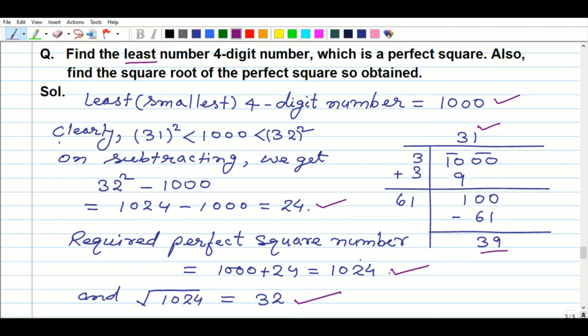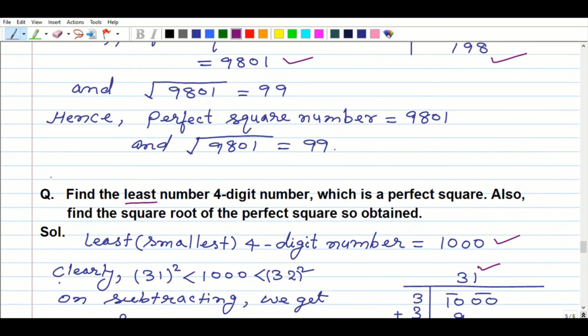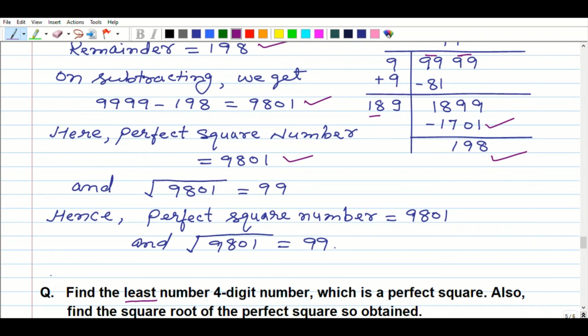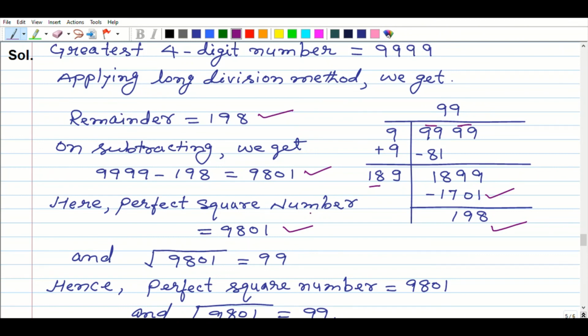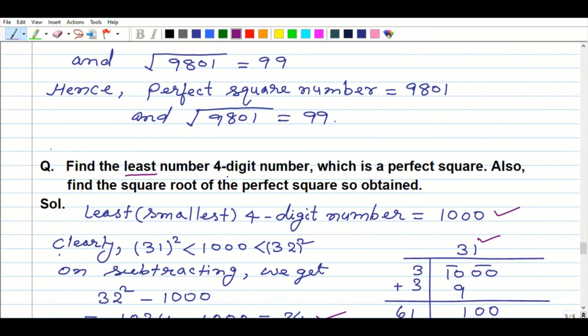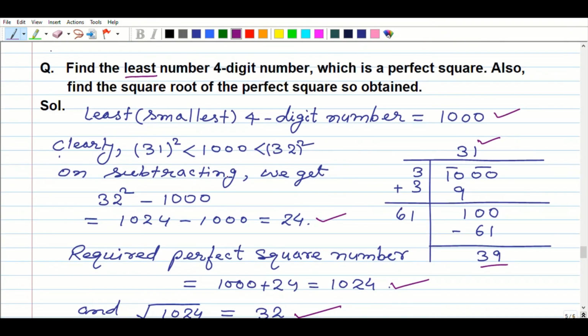Right, my dear learners? It is helpful in future also. You see in the above question, here also we have done it. In greatest, we subtracted here the remainder from 9999 to get 9801. For the least number, what have we done here? We took the next square number of the quotient square and subtracted the given number, to get the smallest number which we add to make the 4-digit number a perfect square.